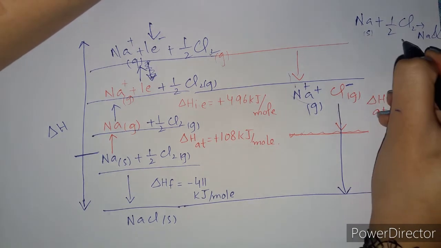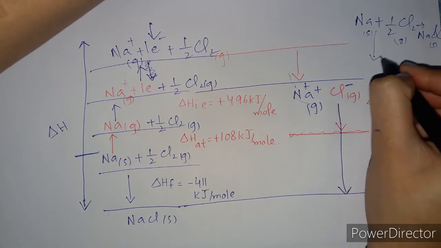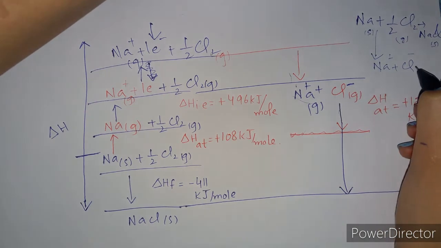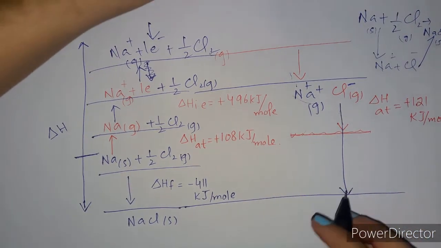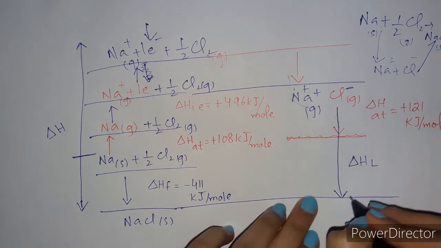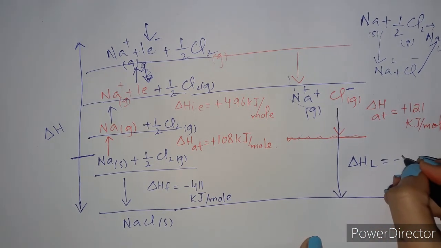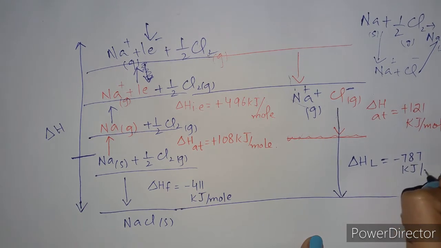This is solid, gas, and solid. Then by converting it we get Na plus Cl minus, which converts into NaCl. So the same process is here. Here enthalpy of lattice is included. The value we have calculated is minus 787 kilojoule per mole.